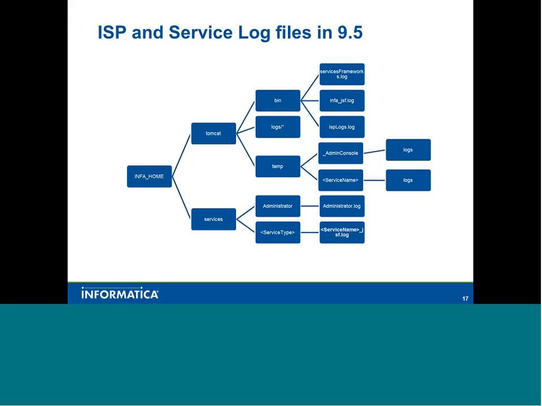Now, for example, you would see _admin console and under that, logs. Since all these new services have become a standalone Java process, they need a port and they become an object within the Tomcat. So they would generate a Catalina.out or services.log within their name.